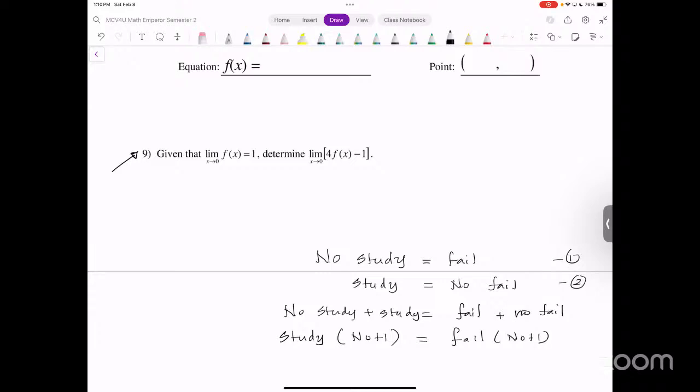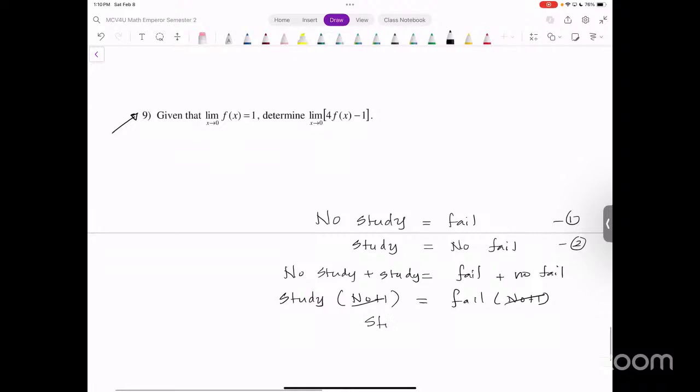No plus 1 is not 0, so we can cancel both. Study equals fail. And then the therefore statement: therefore, if you study, you will fail. Wait, yeah, that makes sense though. But then you should also write if you fail it equals your ass getting whooped. All right, and fail equals no university.